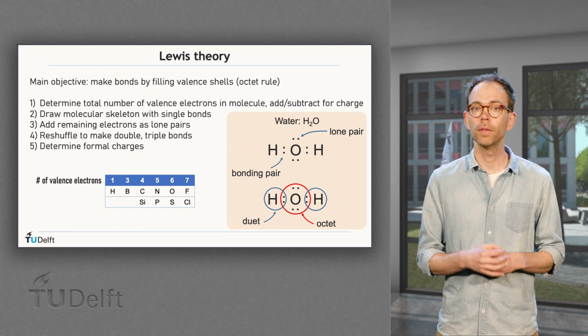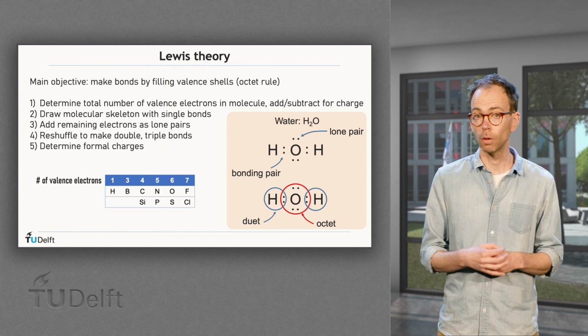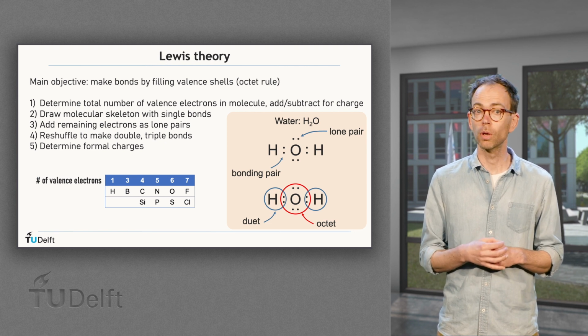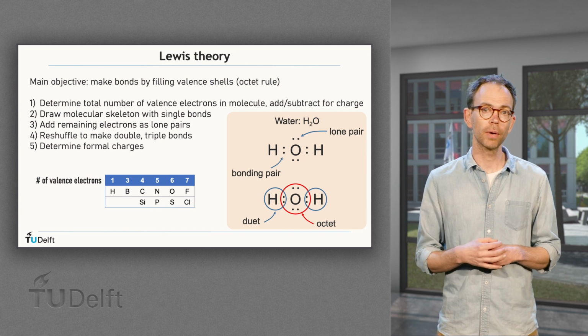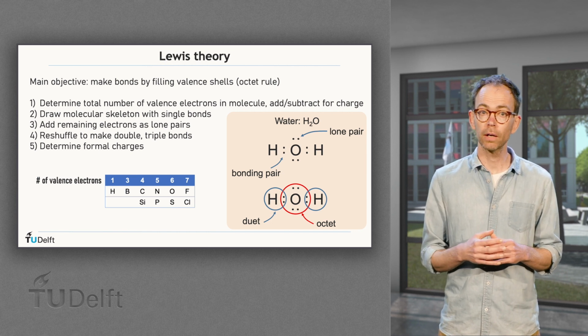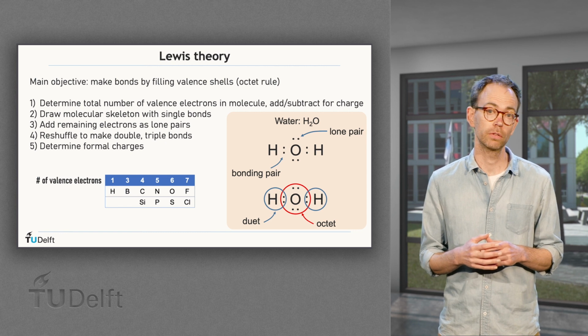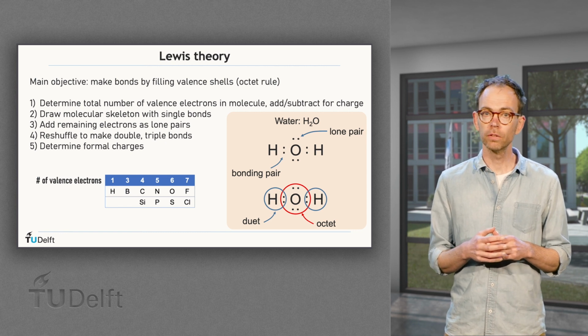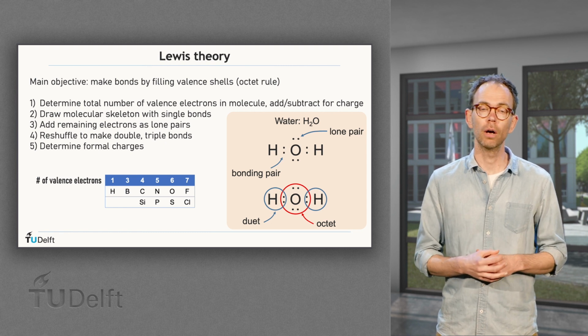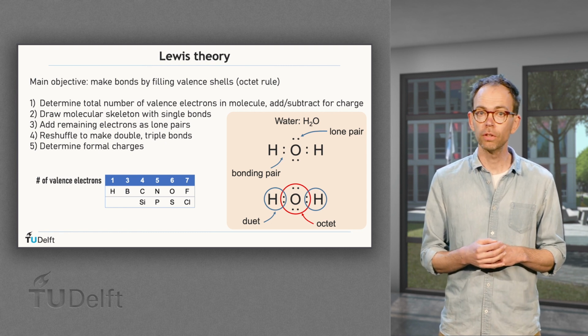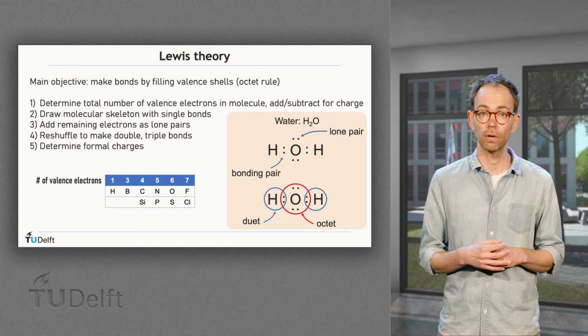We then draw the molecular skeleton with single bonds representing 2 electrons each. We add the remaining electrons as lone pairs and reshuffle these pairs to make double and triple bonds. In the end, we can also determine formal charges on atoms depending on their deviation from the number of valence electrons.